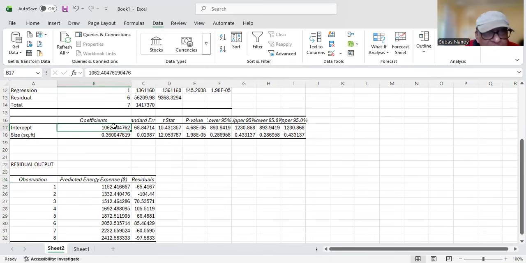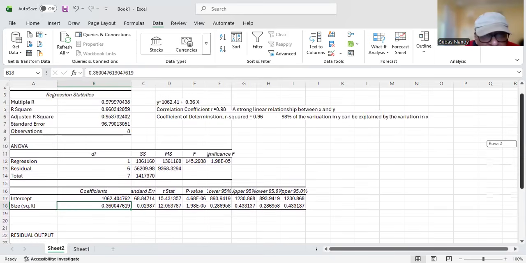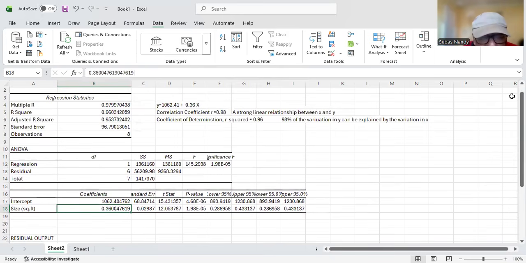The linear relationship between x and y is strong, and the equation is given by the intercept, which is over here, and the slope is over here, which I wrote at the top as y equal to the intercept, 1062.41, plus the slope, 0.36, times x.